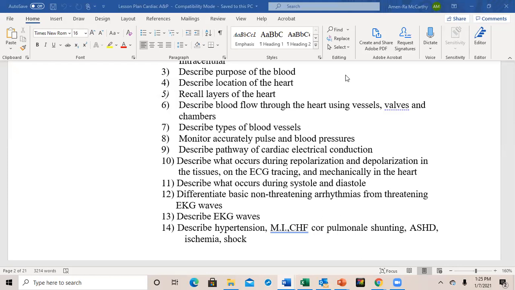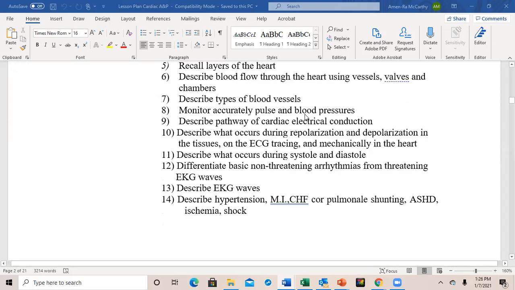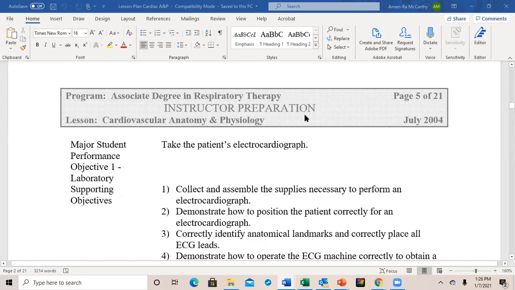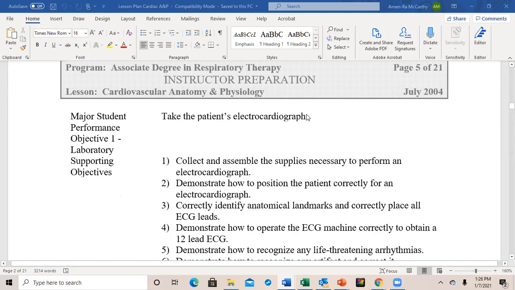Cor pulmonale is right-sided heart failure. You won't have to worry about ASHD, but ischemia, which is lack of blood flow to an area, and then shock. These are some cardiac conditions that can lead to death if not treated properly. So you see, there's a lot you're going to learn in this lesson.